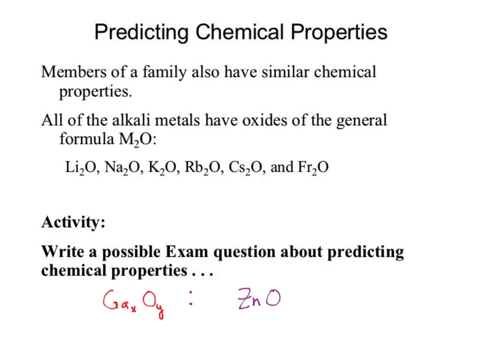When germanium reacts with oxygen, it takes the form GeO2. When boron reacts with oxygen, I get the form B2O3.